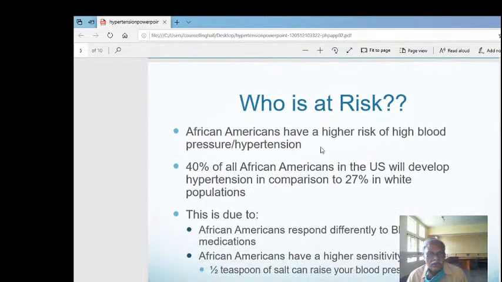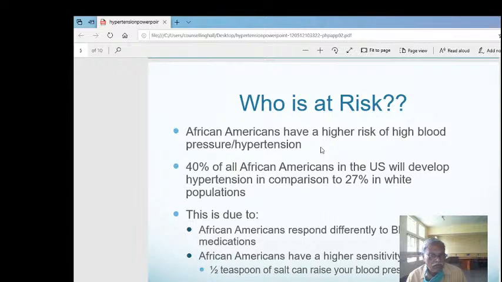What is at risk? See, the African Americans have a higher risk of high blood pressure and hypertension. 40% of all African Americans in the US will develop hypertension in comparison to 27% in the white population.